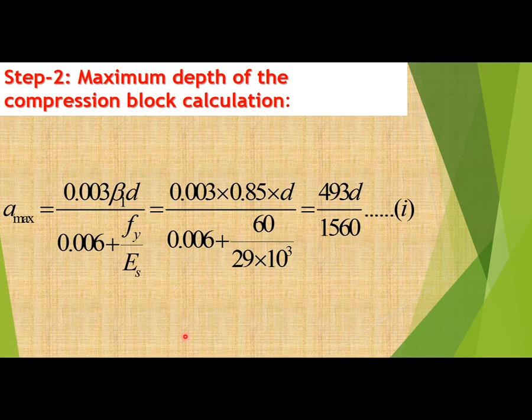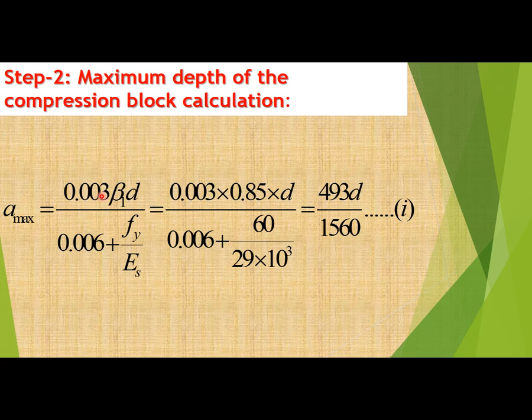Step number 2, we have to find out the maximum depth of the compression block. The maximum possible depth of the compression block is given by this expression. You should remember it, we should memorize it. It is going to work very efficiently.